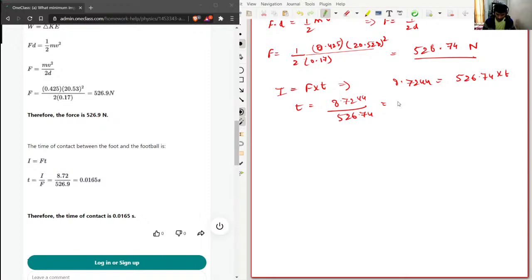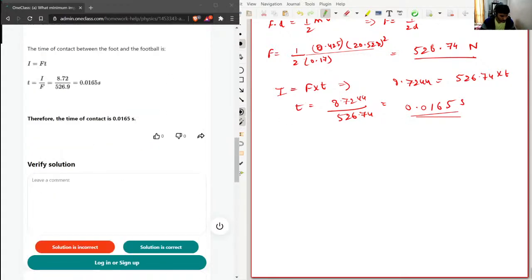So 8.7244 divided by 526.74, 0.0165 second. Yeah, so the solution given here is same, and again I can say that the solution given is correct.